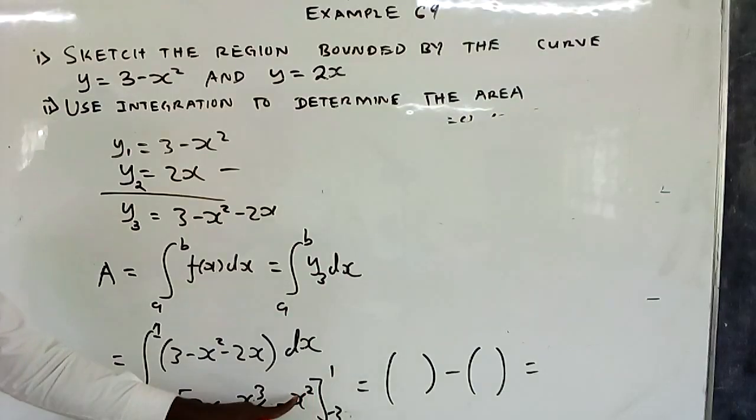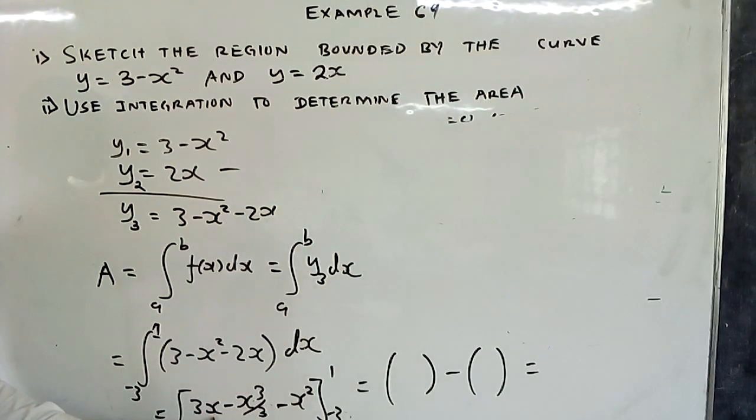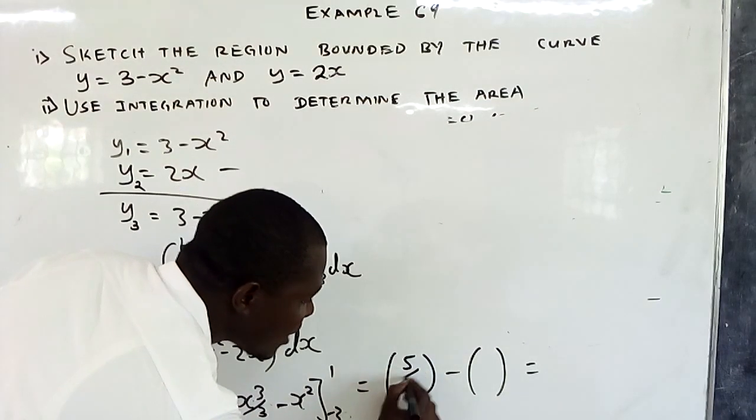For the upper limit, where there is x, put 1. You get 3 minus a third, since 1 cubed is 1 over 3, minus 1 squared, which is just 1. What do you get with the upper limit? 2 minus a third, 5 over 3, isn't it? Good. So the upper limit gives 5 over 3.